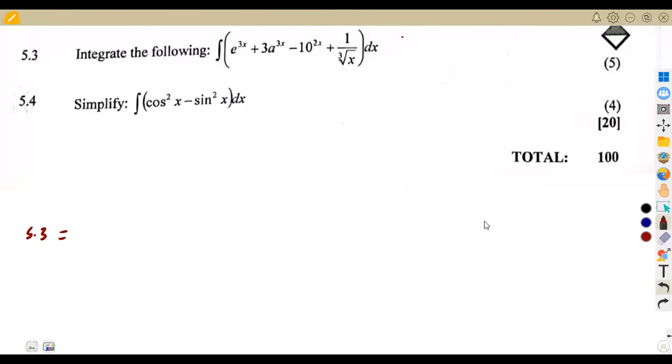Sorry for that, guys. So like I was saying, here we are supposed to integrate each and every part.